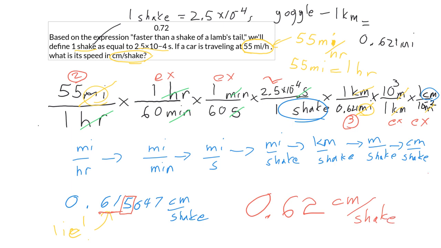Quick little postscript here. Your book used a slightly different conversion factor for kilometers to miles, and therefore they actually had it round to 0.61.